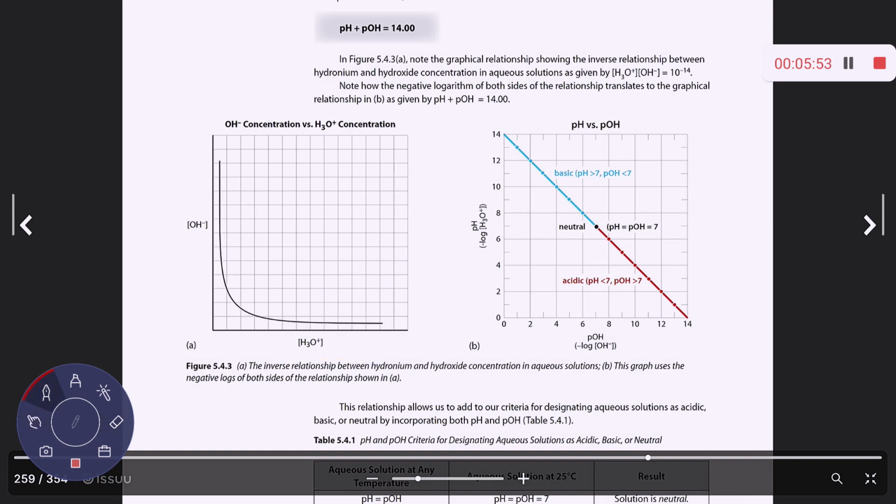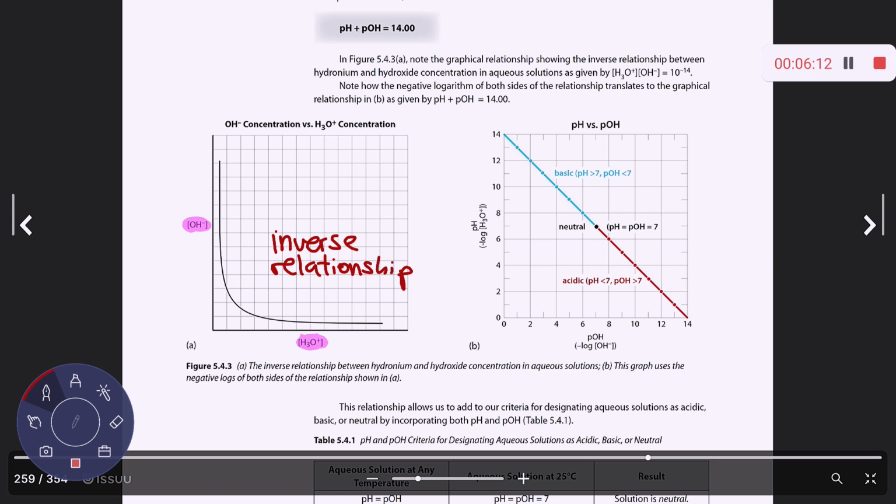These graphs are here to show you that the hydroxide and hydronium ion concentrations are inversely related. This looks just like the graph from Boyle's law, which showed that pressure and volume were inversely related.